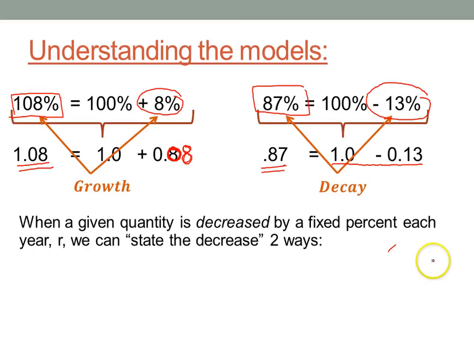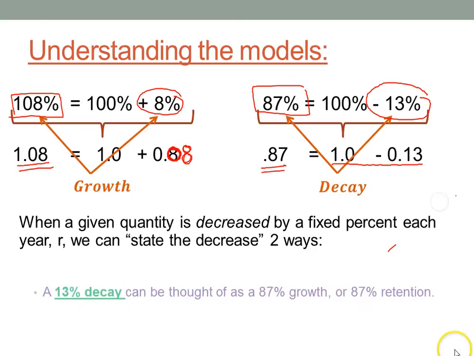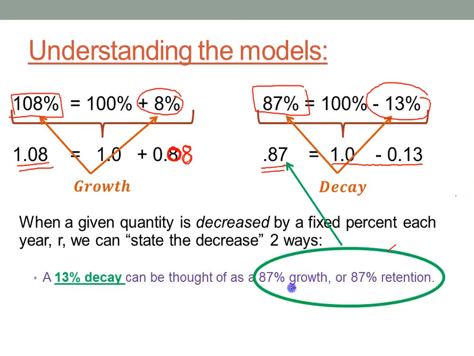You can see this written or expressed in a couple different ways. One way will be growth. Another way will be retention. If you hear the word retention, that's the same thing as growth. How much is left?